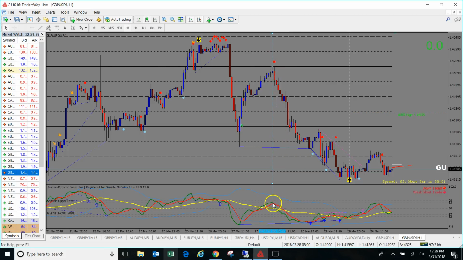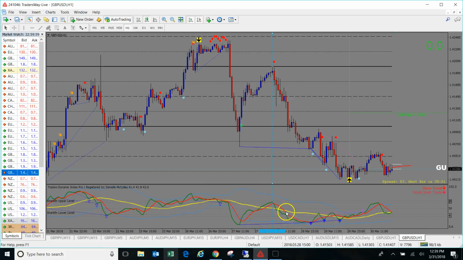All right, so anyway, back to this TDI. You can use it to exit, and you can use it to re-enter. Basically, you're looking for this green line to cross below or above the red line, depending if you're buying or selling, of course.